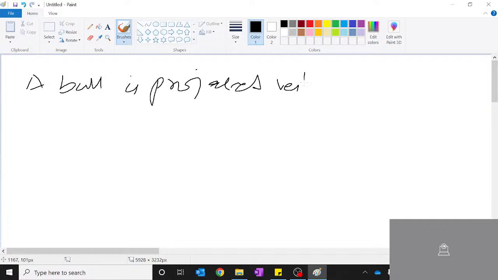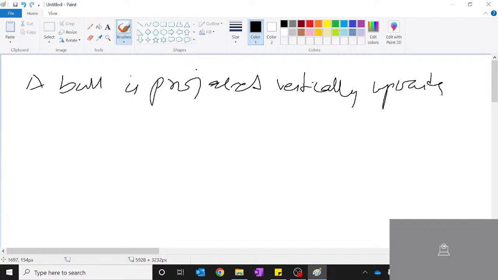Let's keep the same numbers and same concept. A ball is projected vertically upwards.